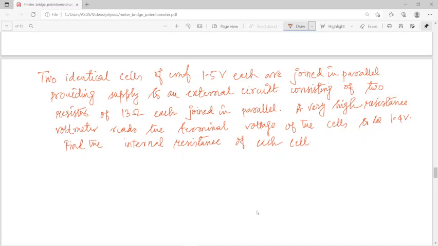So the question is: two identical cells of EMF 1.5 volt each are joined in parallel, providing supply to an external circuit consisting of two resistors of 13 ohm each joined in parallel. A very high resistance voltmeter reads the terminal voltage of the cell to be 1.4 volt. Find the internal resistance of each cell.